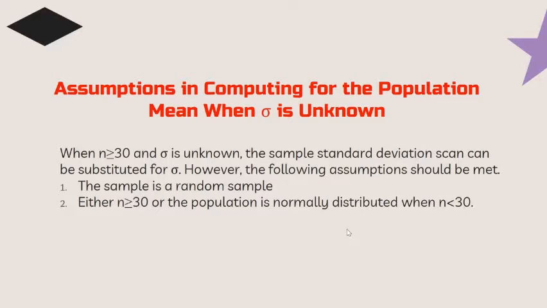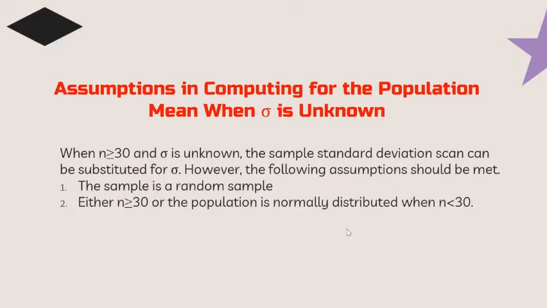However, the following assumptions should be met. First, the sample is a random sample. Second, either n is greater than or equal to 30, or the population is normally distributed when n is less than 30.